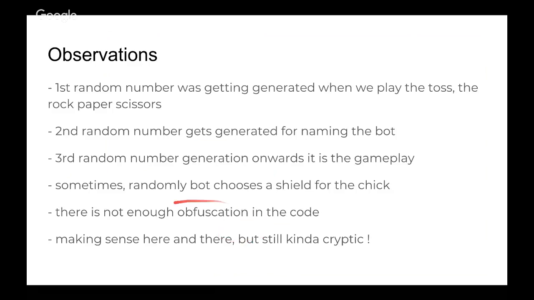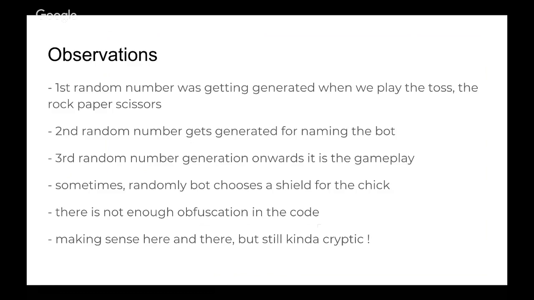We also saw that this code was not really obfuscated, unlike most real world apps. If you look at any other real world app, you might find it being obfuscated using ProGuard or DexGuard or things like that. But this app wasn't, which was kind of lucky for us. Although we spent some time, it was kind of cryptic, but we got a hang of it.